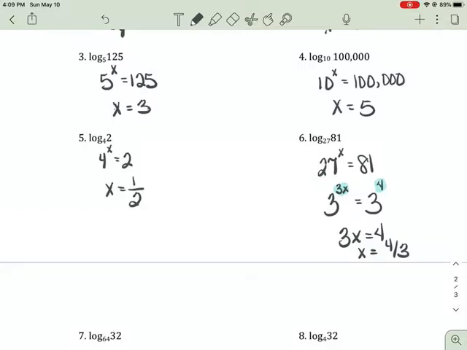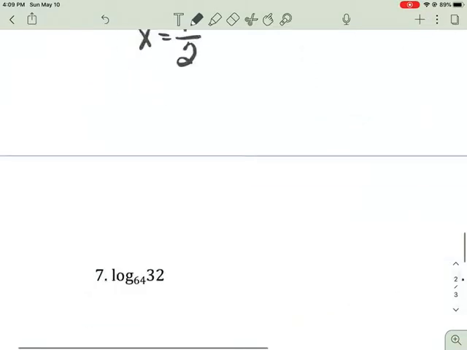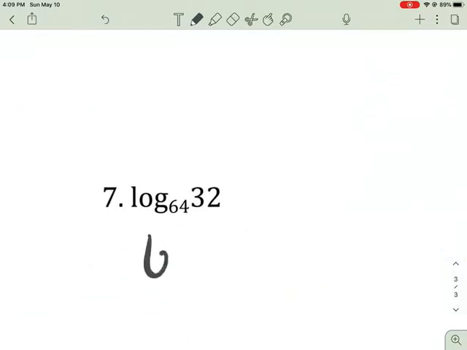So when you're struggling and there's no relationship, try getting the bases to be the same and use your power to a power property. For example, in this one, we know 64 to what power gives us 32? I'm going to make that an x.